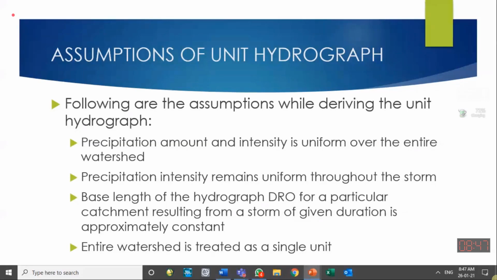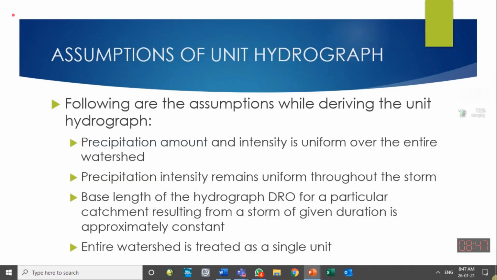Actually, they are not. When we draw their DRO, they deviate a little bit depending upon the moisture condition and other things. So we average those out, and we say that the time base is the same. We assume that the base length of the direct runoff hydrograph is constant for a certain storm duration.